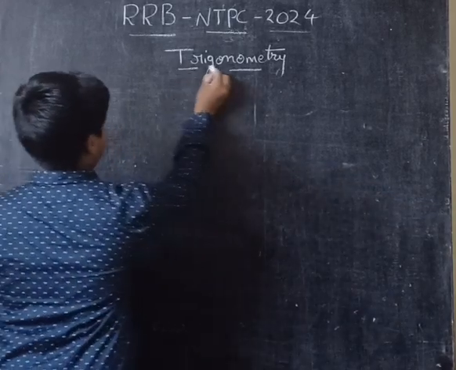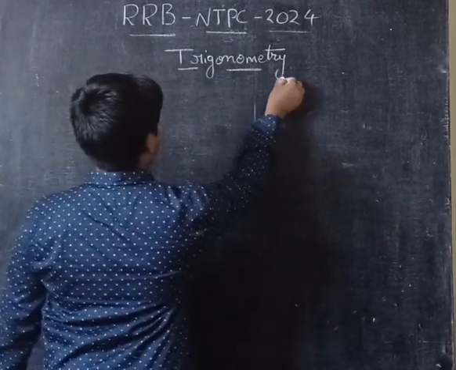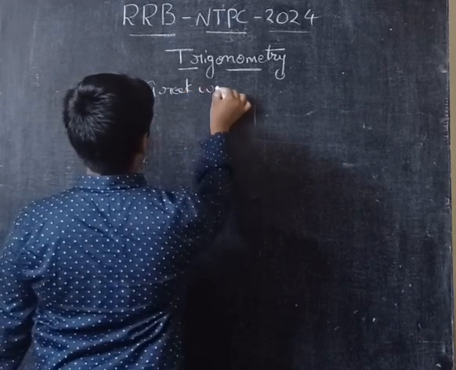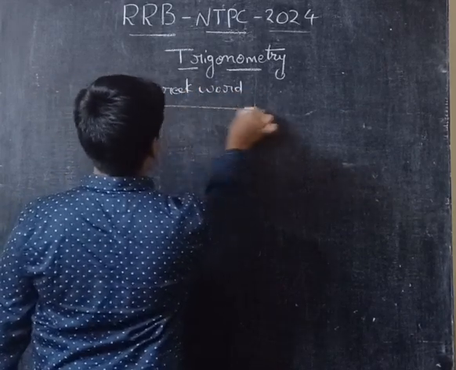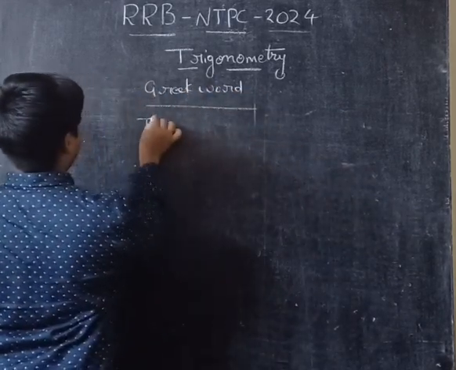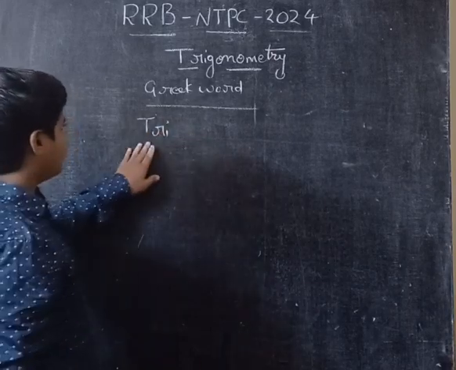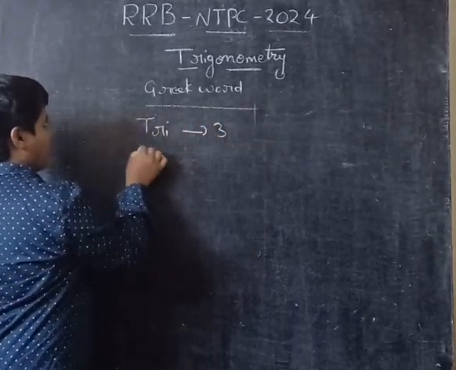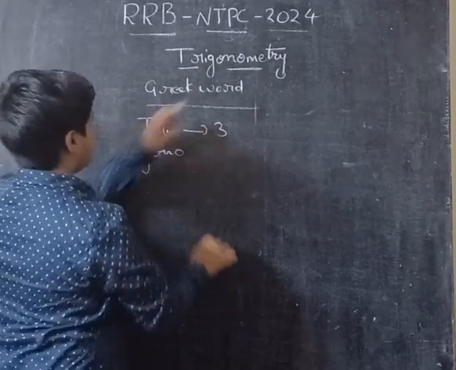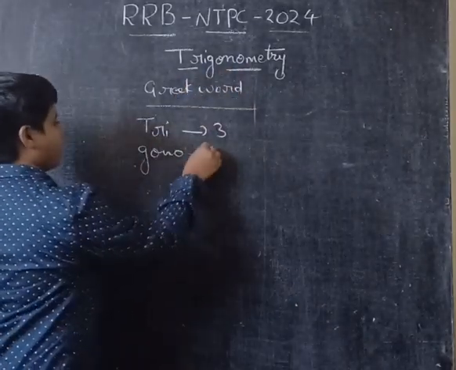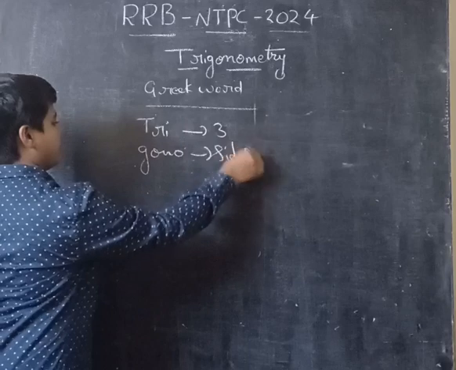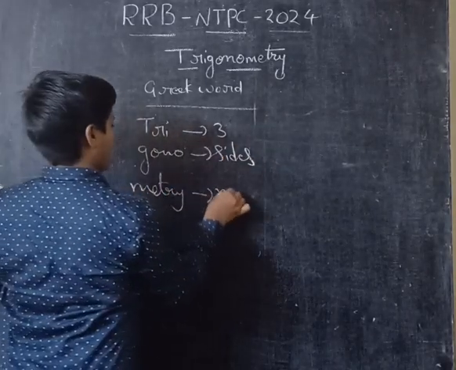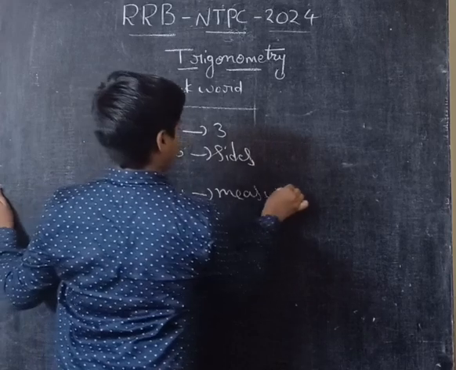In trigonometry, the word trigonometry is derived from Greek words. Tri means three, gono means sides, and metry means measuring.